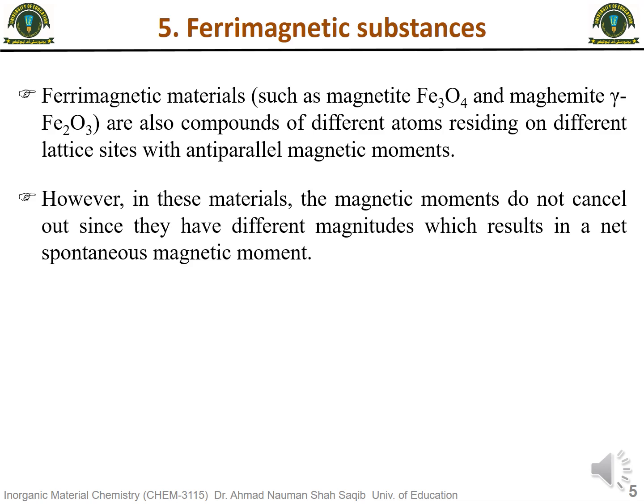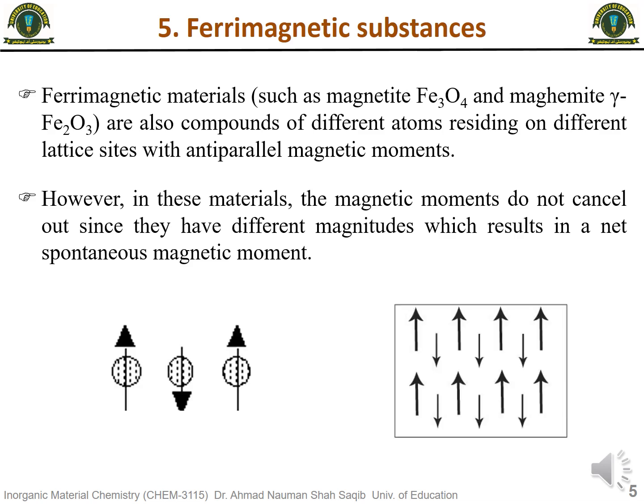However, in ferrimagnetic substances, although they have magnetic moments in opposite directions, the magnitude of the magnetization is different. Their magnetic moments' magnitude is different. So for example, for iron and magnetite, Fe3O4, iron has higher magnetization as compared to oxygen.